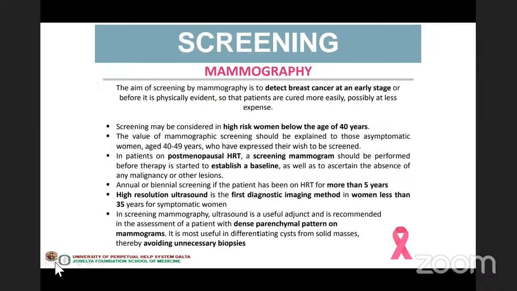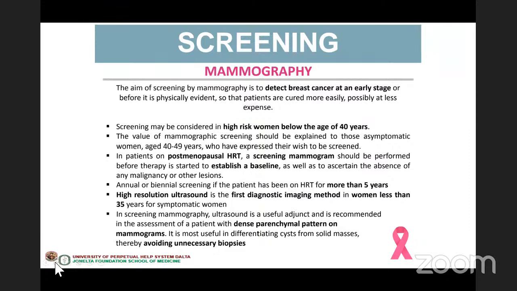Okay, mammography. So detect cancer at an early age before it is even physically evident. Okay? So high risk women below the age of 40 years may be considered. Okay. Value of mammographic screening should be explained.